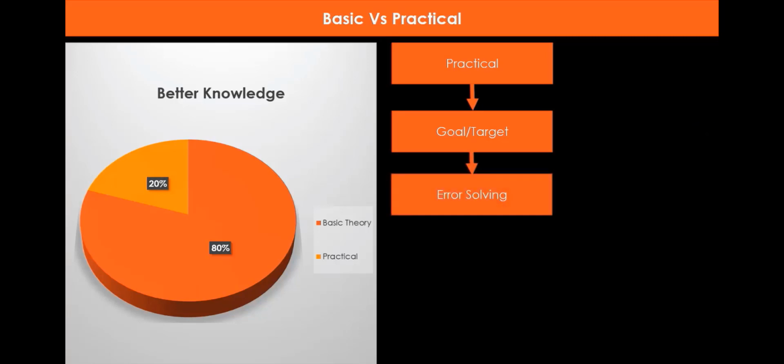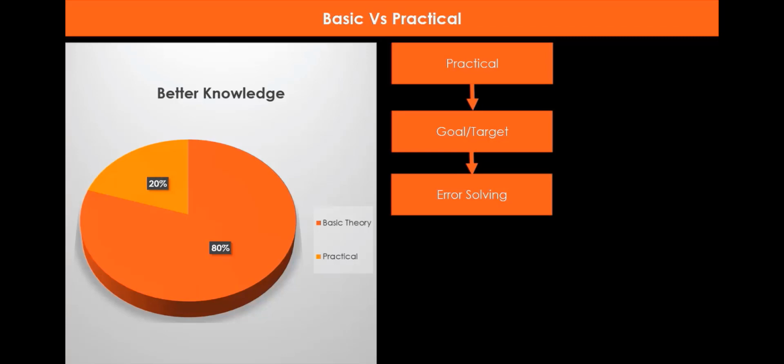Every day we get some errors. There is no programmer who can develop an application without any error. So whenever you start doing practical work, you will get some errors, and solving errors will give you better experience and better knowledge.